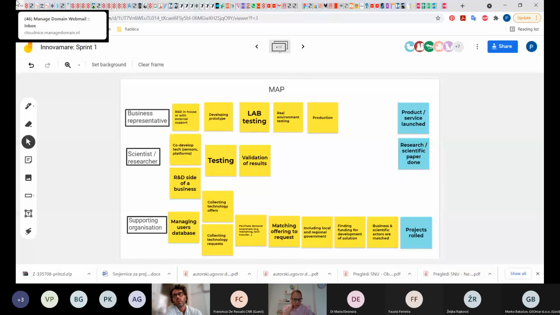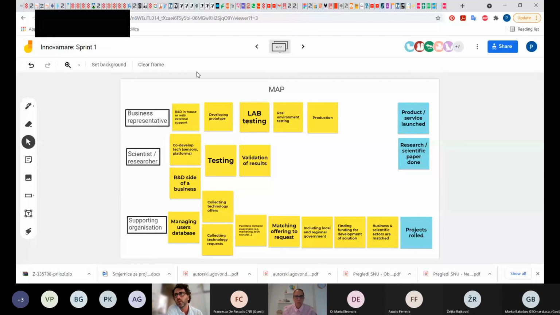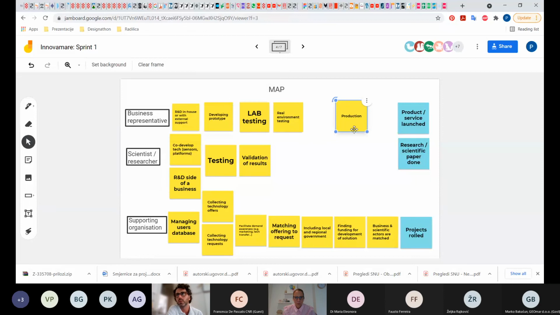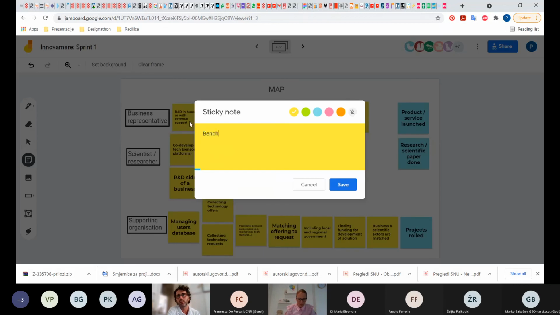So also some kind of marketing activities, and I think that, of course, before the production, there is a lot of activities of benchmarking, market analysis, and then relation with potential customers, so end users. So there is a lot of supporting activities that are somehow preparatory for reaching the market.